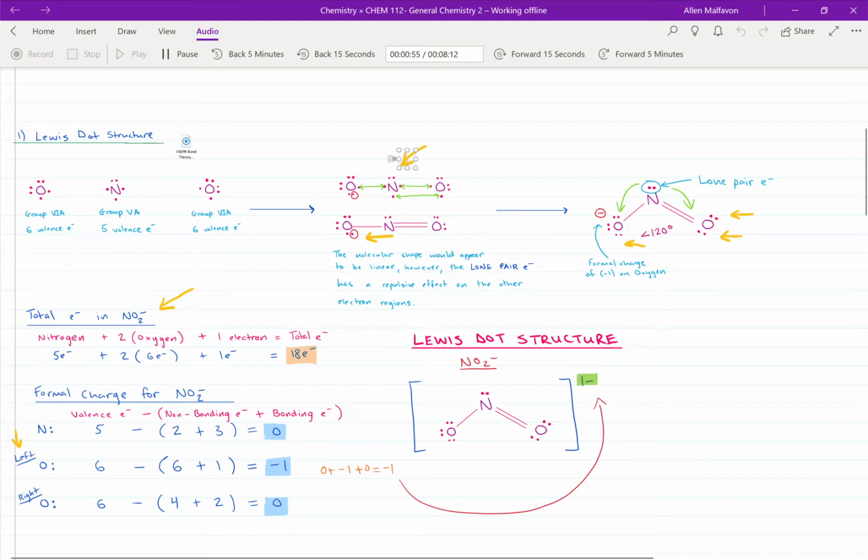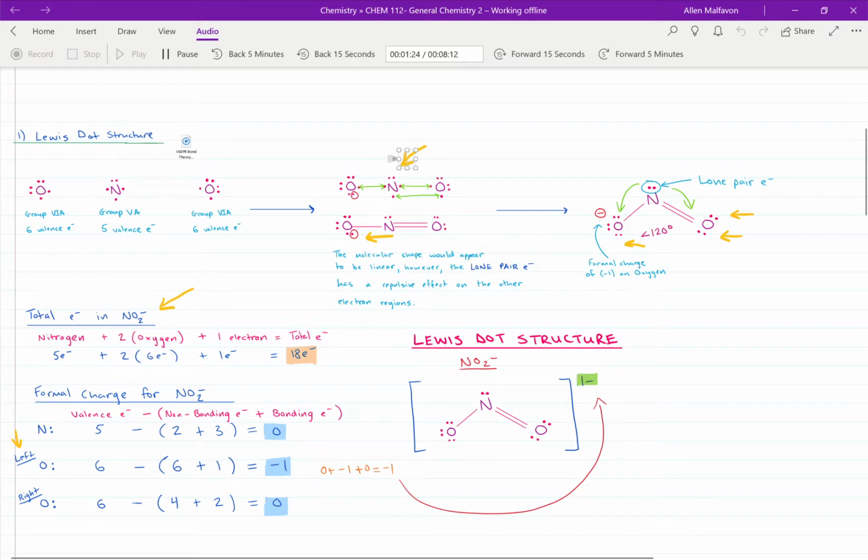We have an oxygen on the left-hand side, an oxygen on the right-hand side, with their valence electrons available for bonding. And I have traced with light green lines the bonds that would form between the oxygen atom on the left-hand side and nitrogen, and the double bond that will form between the nitrogen atom and the oxygen atom on the right-hand side.